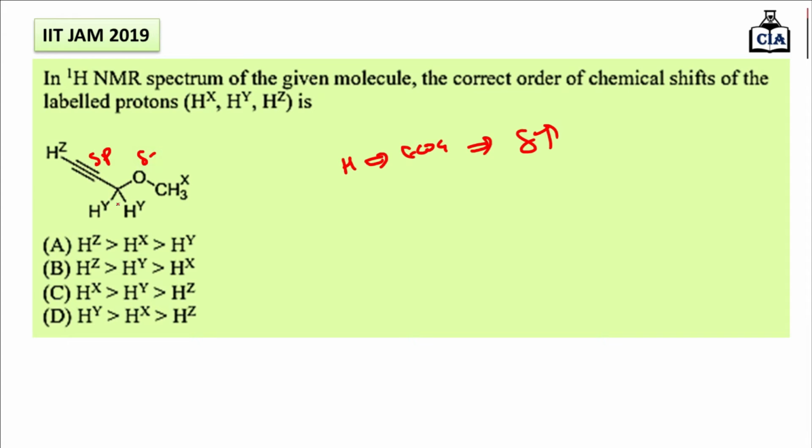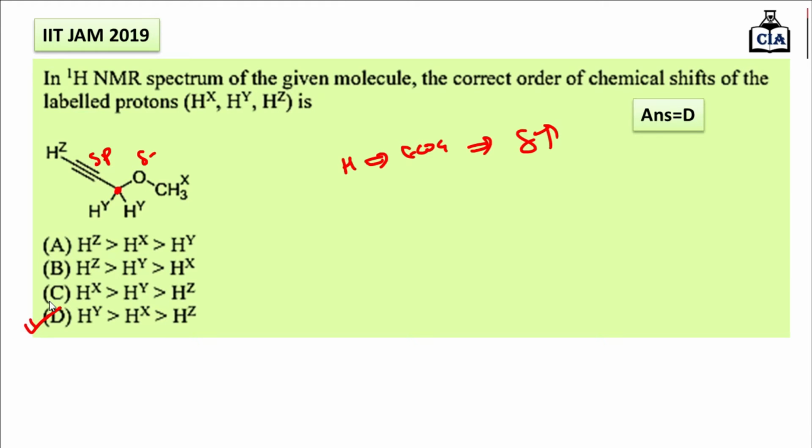So this CH2 group is attached to highly electron withdrawing groups. So this Hy proton will have the highest chemical shift value. Only one option shows the Hy proton has the highest value, so option D is the correct answer for this question.